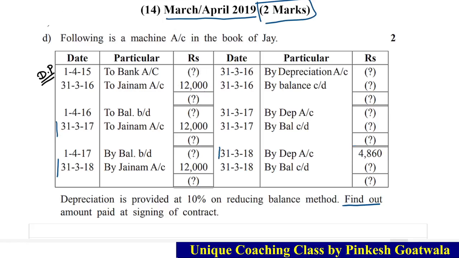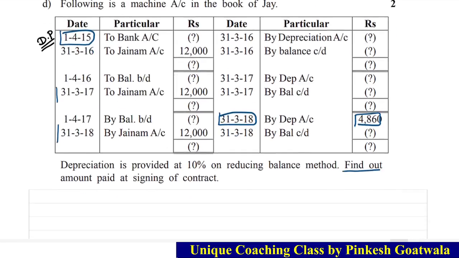Here we have depreciation on 31st March 18 of 4860, and when we purchased the machinery, the transaction starts from 1st April 15. It is common that we purchased machinery on 1st April 15, because it is the first date, so the transaction happened from that date. So here you can say the purchase on 1st April 15.